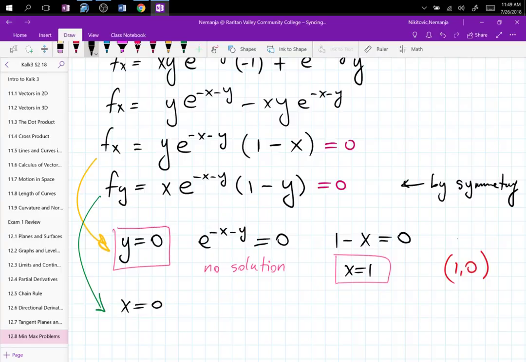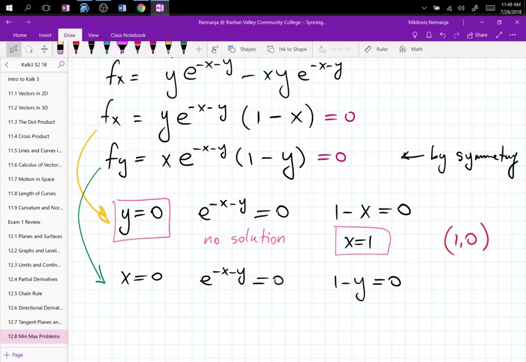And again, this is solved already, so we're good there. The second one has no solution, so no solution here either. And the last one over here is that y is equal to 1. So that's another one of these, and we have another point, (0, 1).